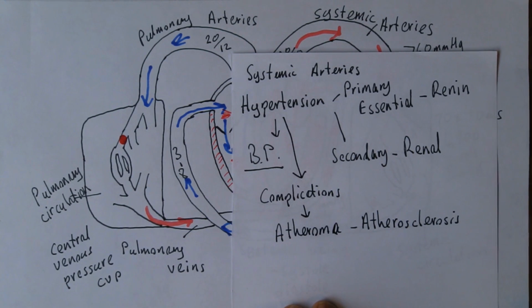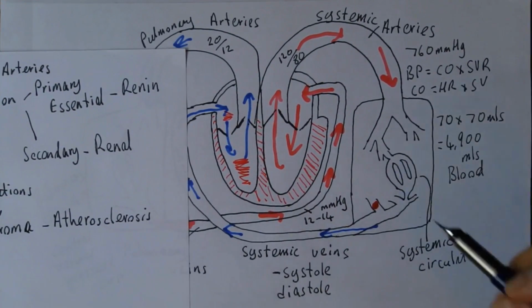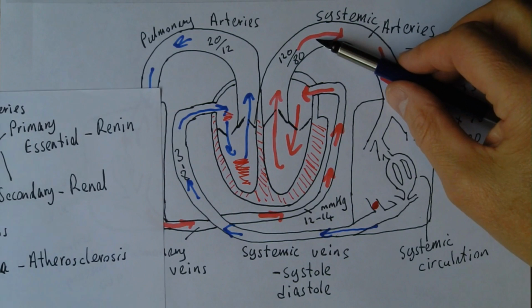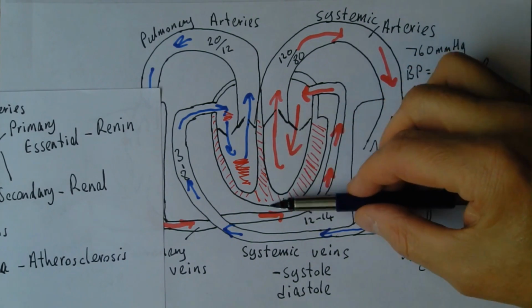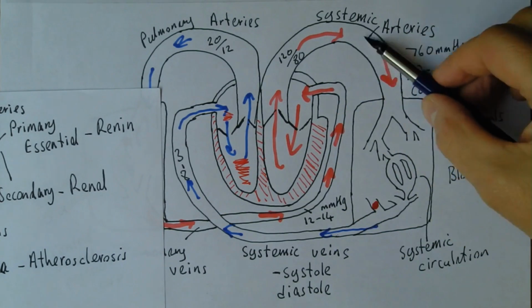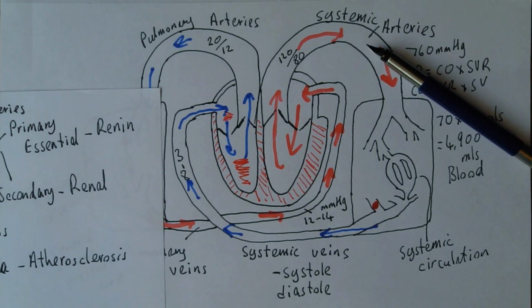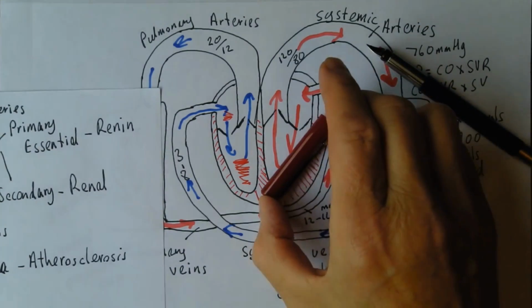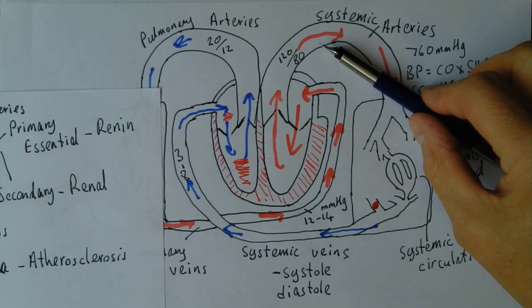There can be atherosclerosis. Now, if the blood pressure here is high, what's that going to do to the left ventricular workload? If the pressure in the systemic arteries is high, can you see that means it's going to be harder for the left ventricle to contract, to pump the blood out against the increased outflow resistance.